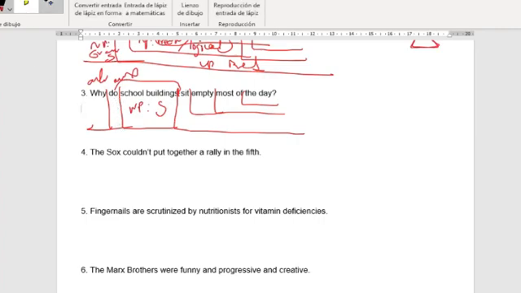Hold on. This do belongs here. This do is part of the verb, of the main verb phrase. So you mark it like this, all right?